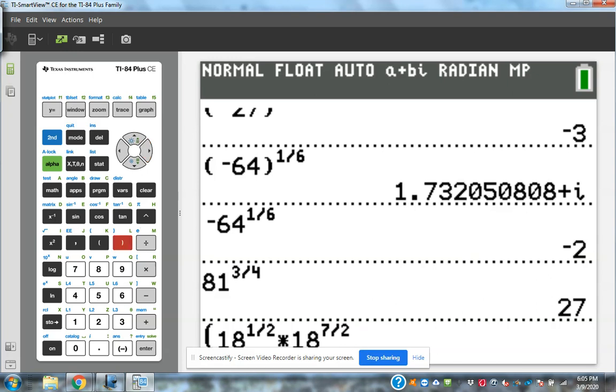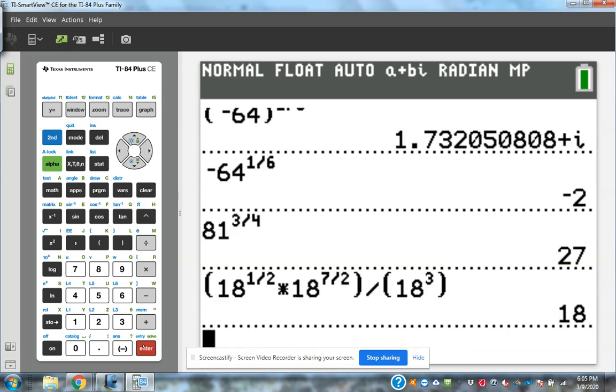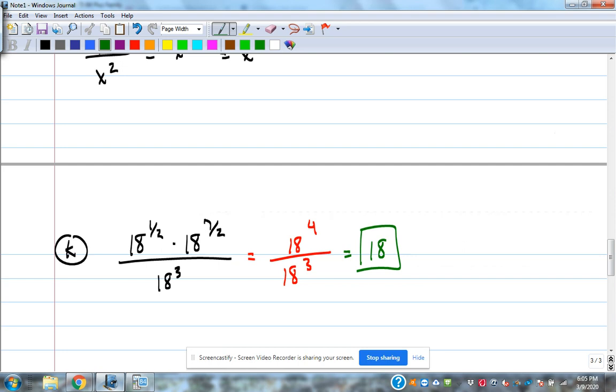Press the right arrow key, close the parentheses, divided by parentheses 18 raised to the 3rd. So all of that work to get it typed in there, and it gets the same answer, but you've got to be careful, especially when it's a big fraction looking thing like that.